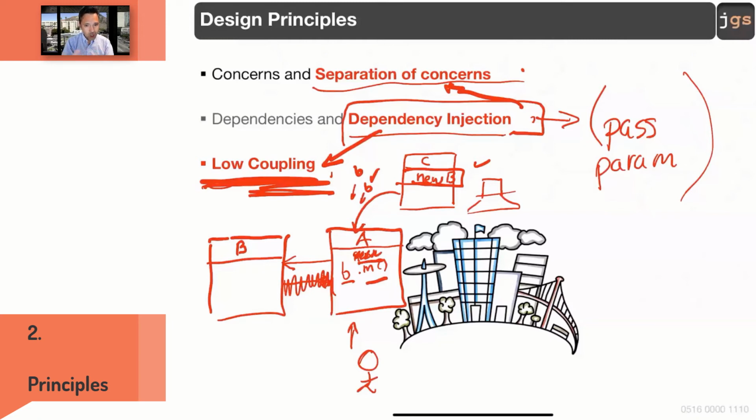Keeping the coupling low. Usually this is all about how many connections and which type of connection we have. If you review the class diagram and you have a small number of connections, your source code is going to be easier to read than if you have a class diagram with a lot of connections.